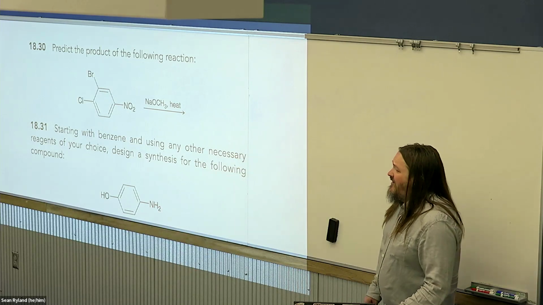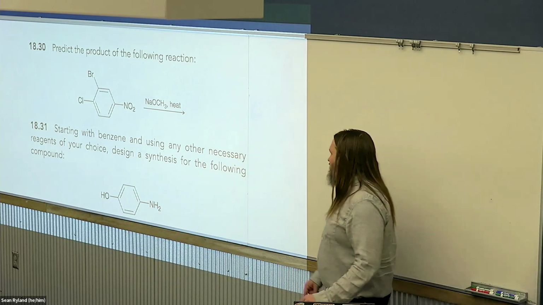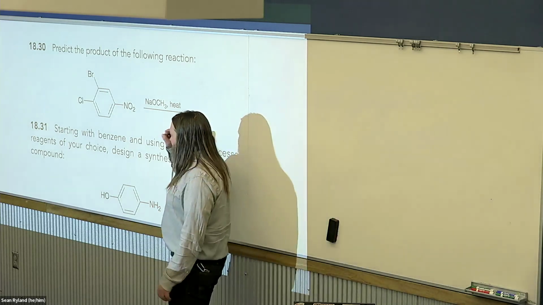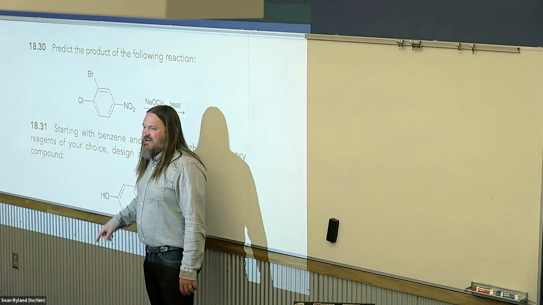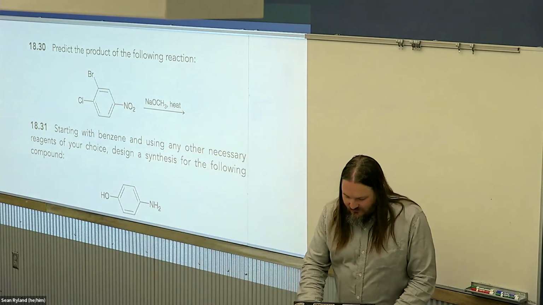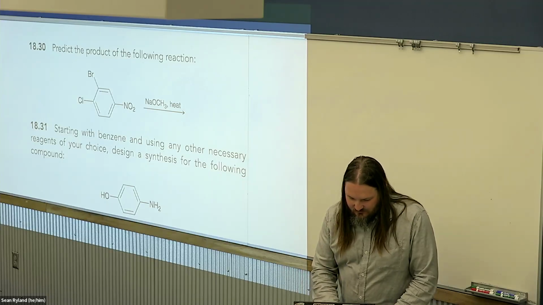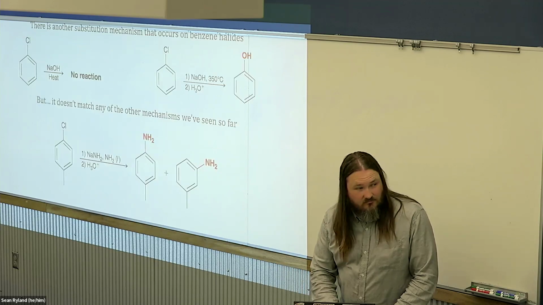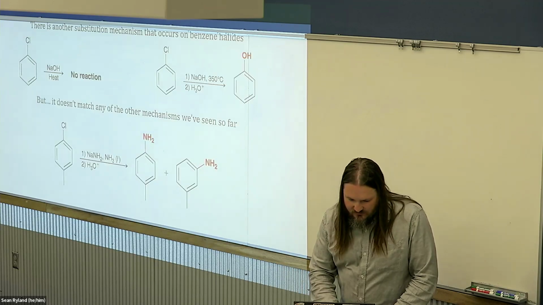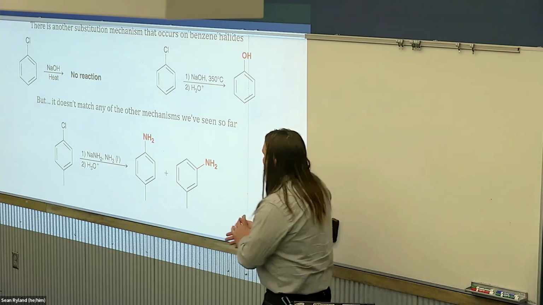We don't have another way of adding an OH group. If you think back to all of our electrophilic aromatic substitutions, we don't have an OH group. What we do have is halogens and then nucleophilic substitution. This one's a funky mechanism.